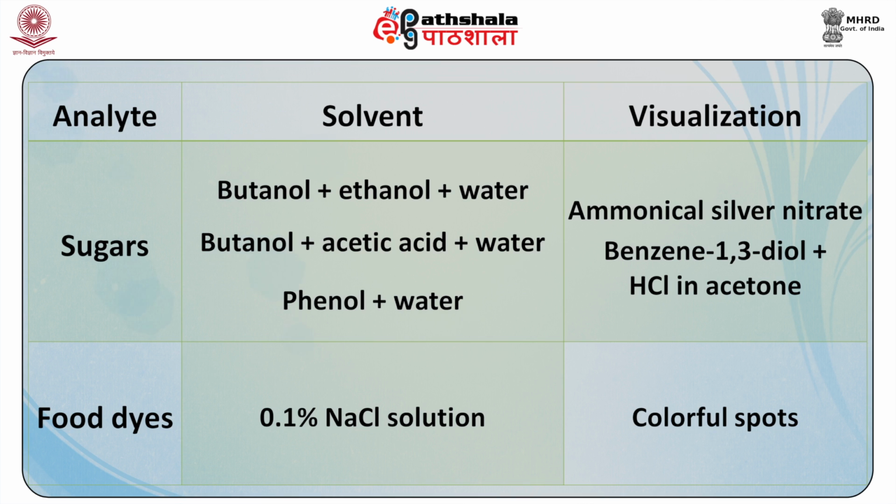Next are sugars. The solvents required for this category are butanol with ethanol and water, butanol with acetic acid and water, and phenol with water. The visualization reagents that can be used are ammoniacal silver nitrate, benzene-1,3-diol with HCl, and acetone. Next are food dyes. The solvent that can be used is 0.1% NaCl solution and the visualization reagent will be the colorful spots.